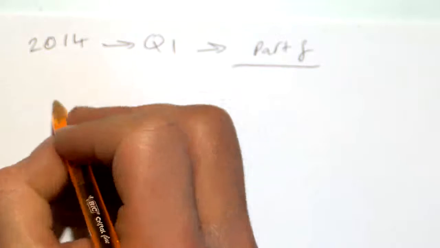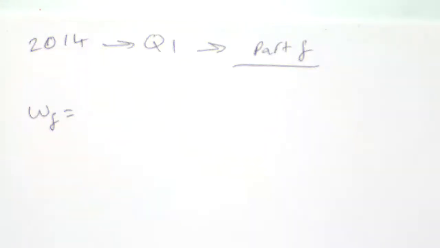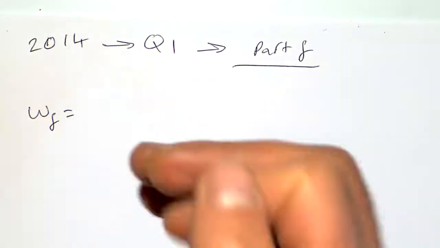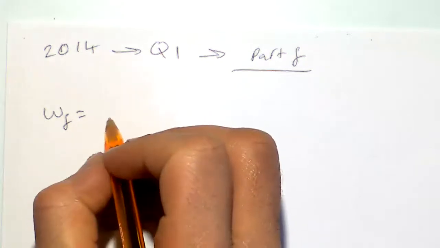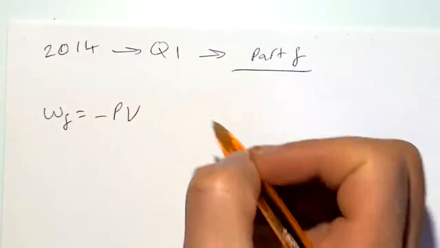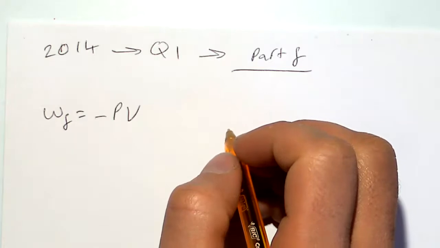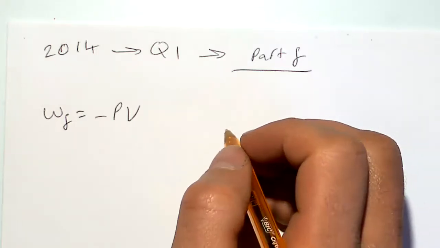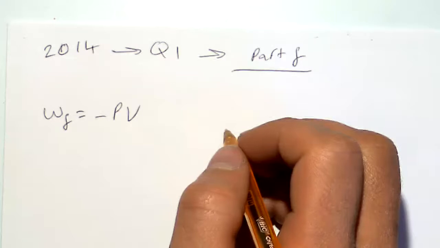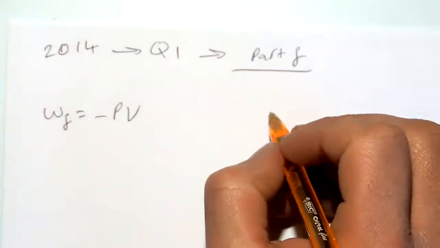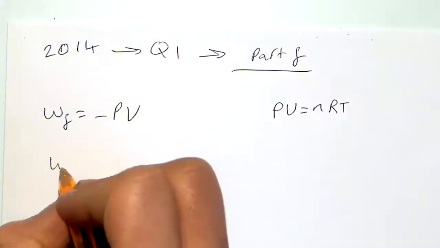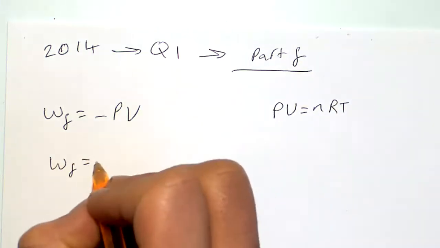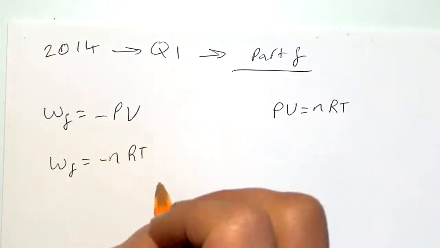Now we know that fluid work equals negative PV, and this is because we're considering fluid work after the compressing stage, so only within the system. And we know that PV equals nRT, hence fluid work equals negative nRT.